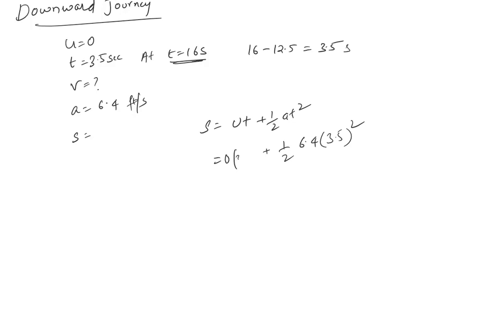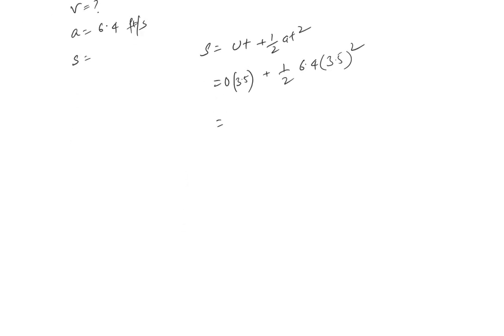So 0 times 3.5. Okay. All right. So this whole thing becomes 0. So what do we get? Half times 6.4 times 3.5 square. Give me a second.